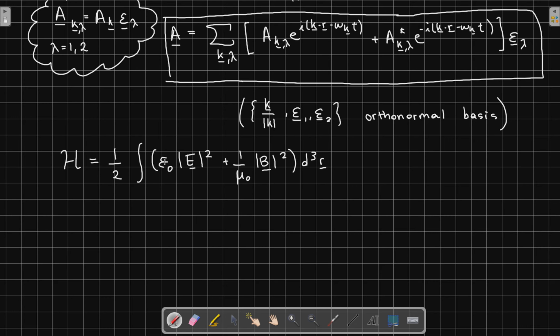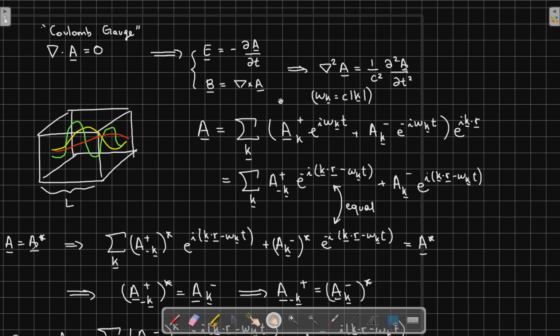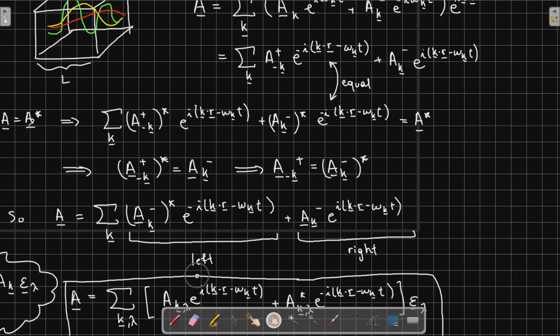We're working in a vacuum, so there are no dielectrics, no materials, so we can use these values for the permittivities and permeabilities. Okay, but now we can use the definitions of the electromagnetic fields in the Coulomb gauge, which we have right here. Okay, quite easy to remember.